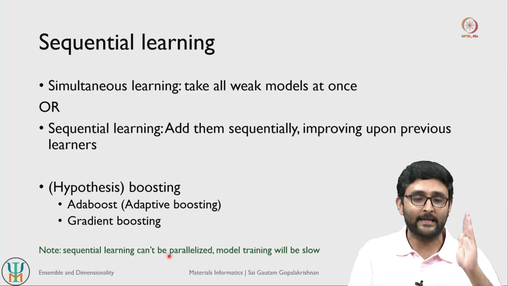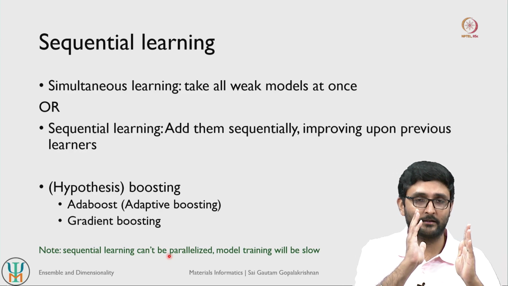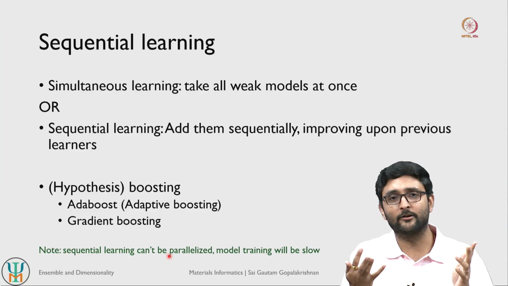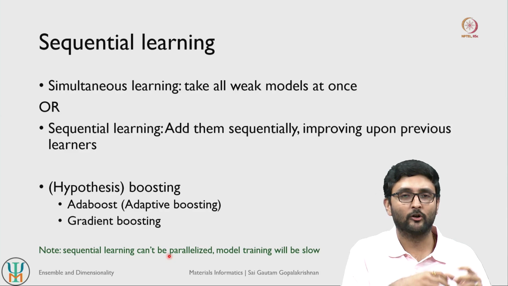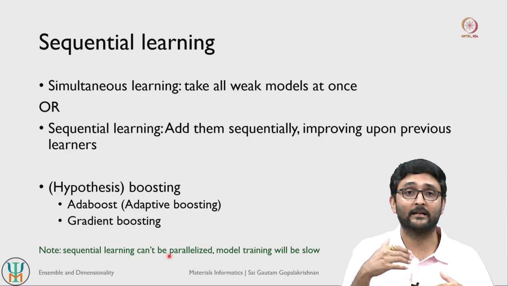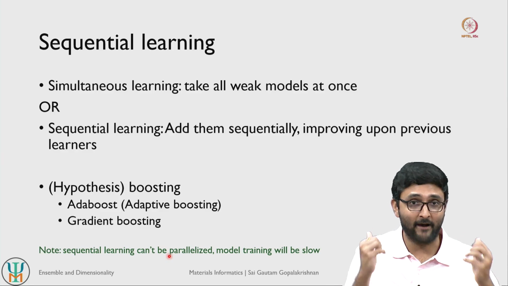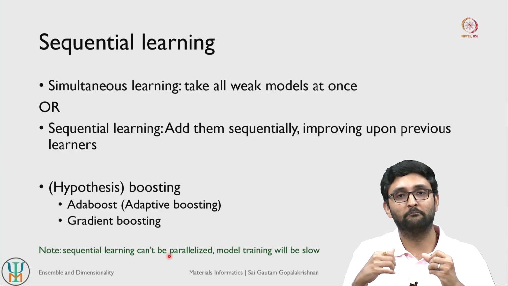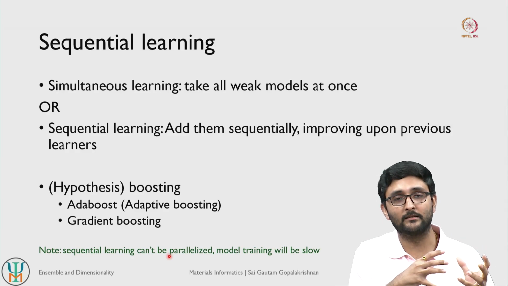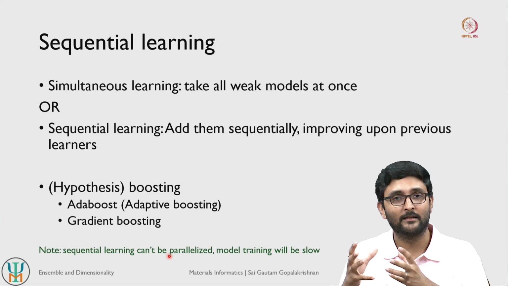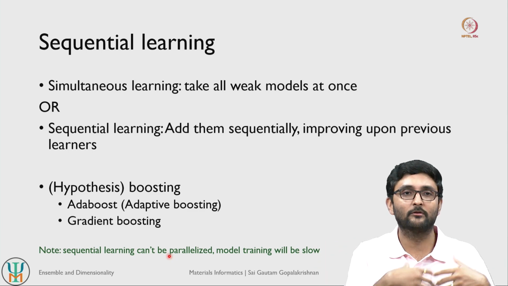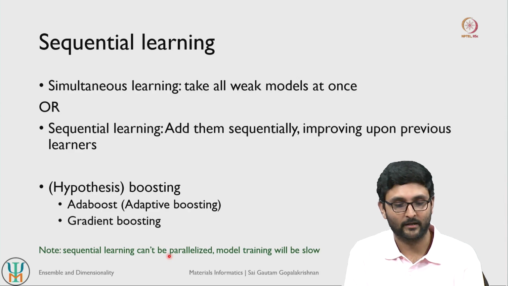Each decision tree has to be trained only after its predecessor has trained completely and is ready to make predictions. So sequential learning cannot be parallelized, which implies that the training process can be fairly slow. But the trade off is that in general sequentially learned models can be much more robust and much more accurate compared to simultaneous learning models.